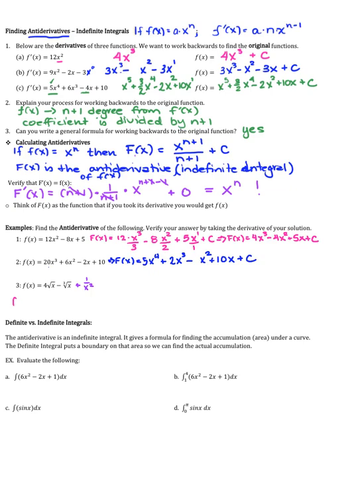What I recommend, if it comes to you as a radical, let's write these all with fractional powers or negative powers. So this will be 4 times x to the 1/2 minus x to the 1/3 plus x to the negative 2. That makes it a little bit easier to find your antiderivative.